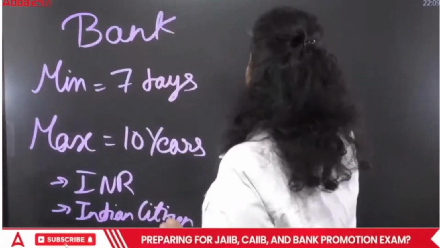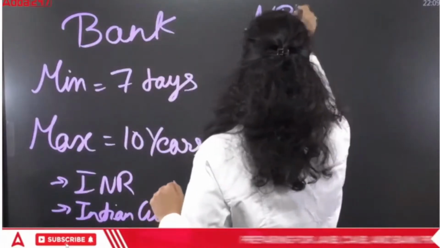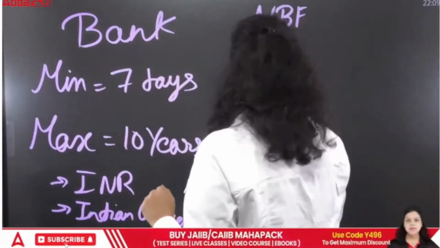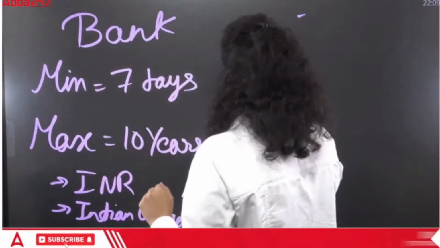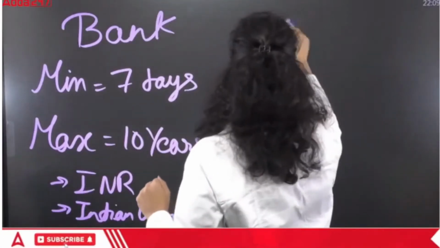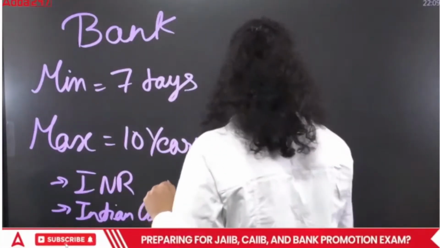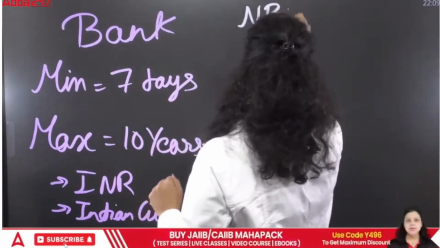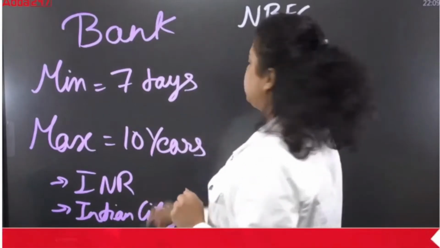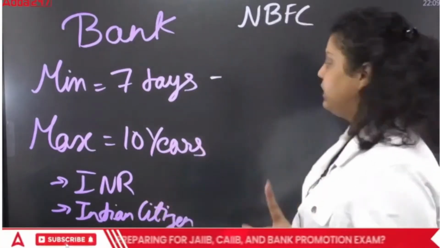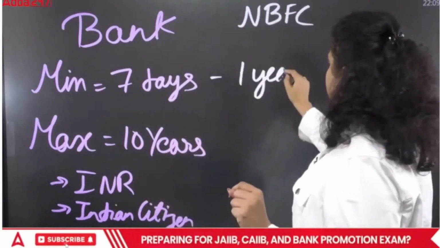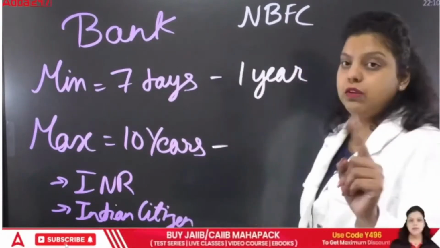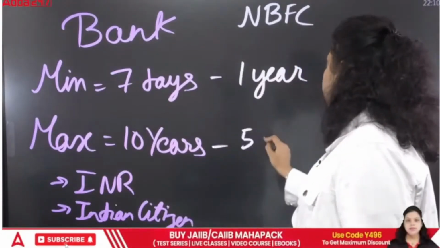The second condition is if you are having an FD in NBFC, non-banking financial company, the minimum duration will be 1 year and the maximum duration will be 5 years.